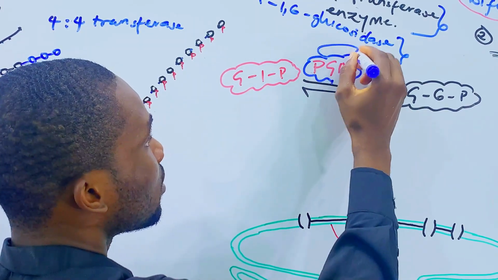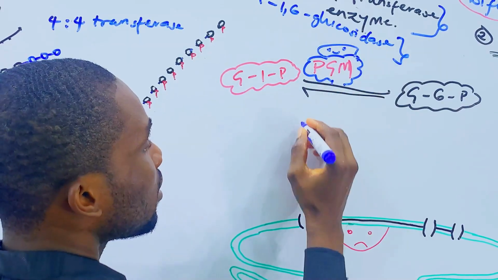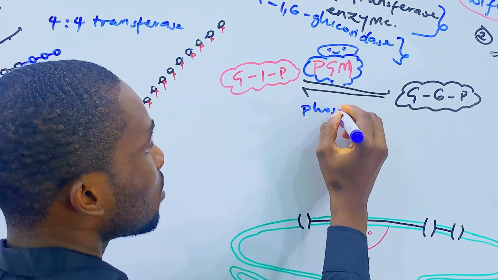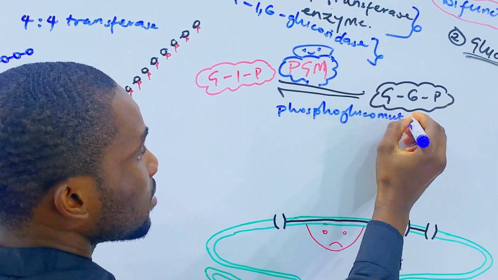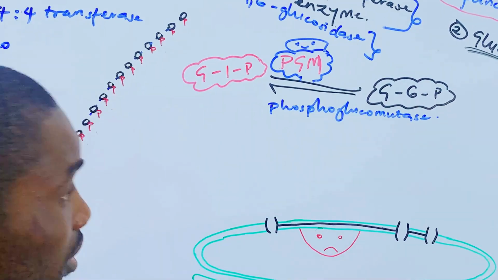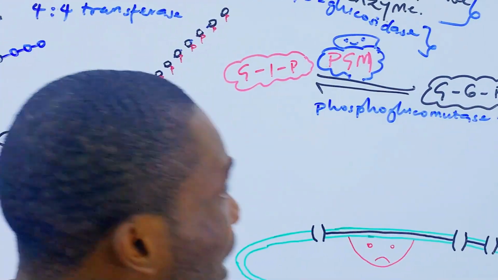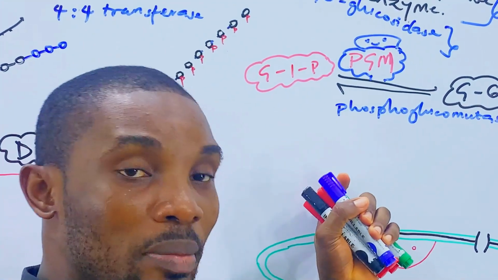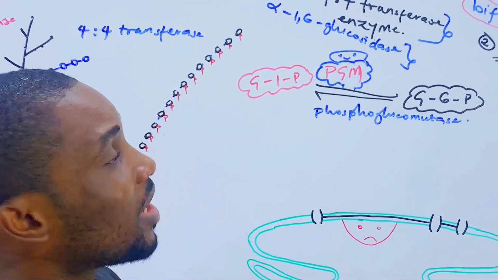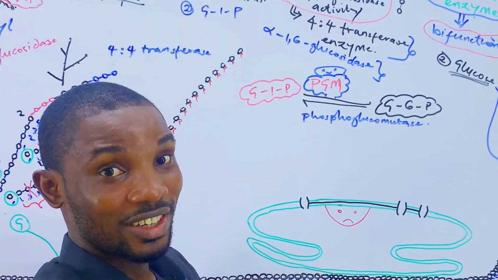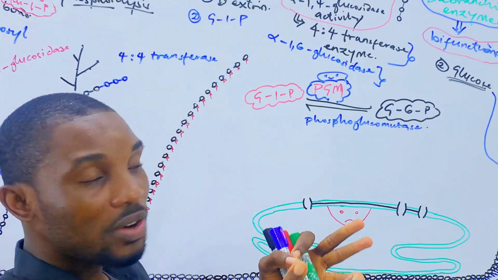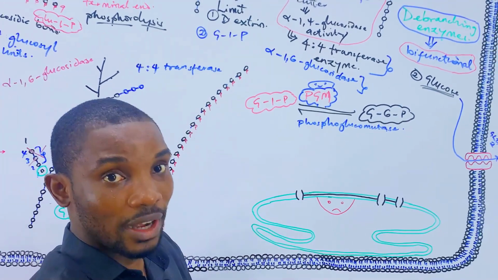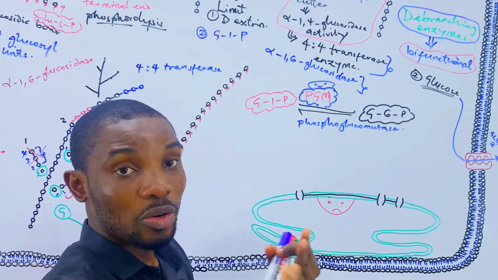So let's say this is a phosphoglucomutase. Pretty cool, right? Now, if this was a muscle cell, remember I told you that muscle is very selfish and it hoards glycogen, right? Like it doesn't form glucose and release it into the blood. So it breaks down glycogen and then uses it for itself. That's for muscular contraction.